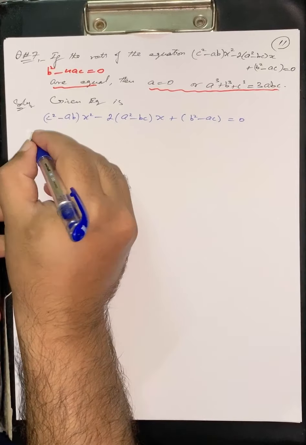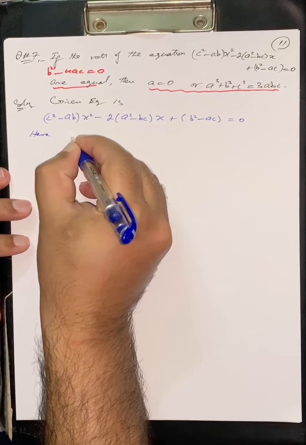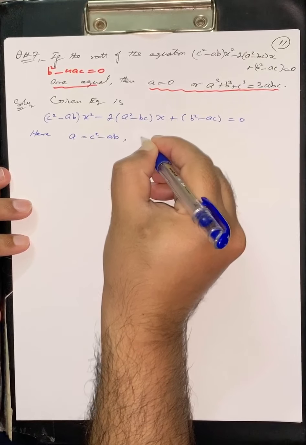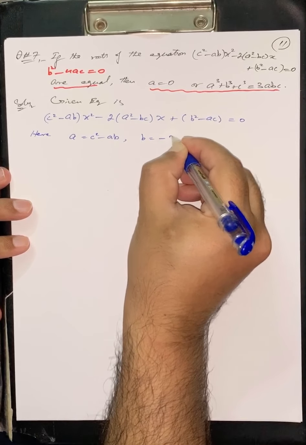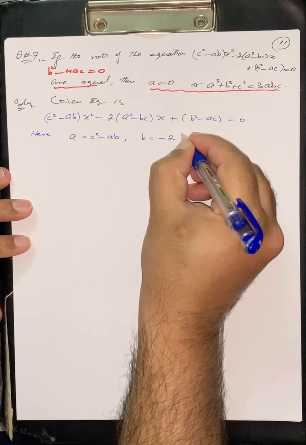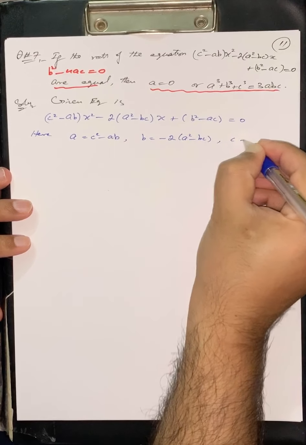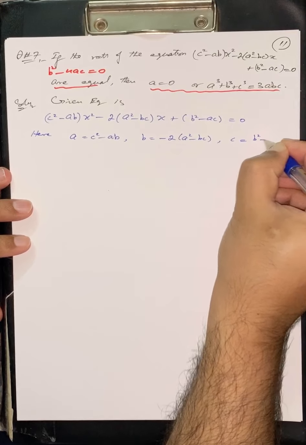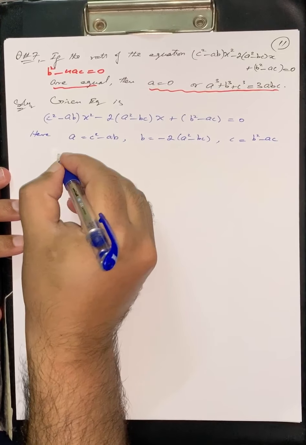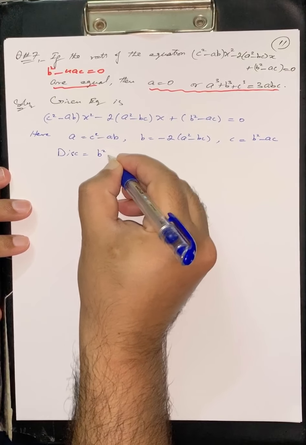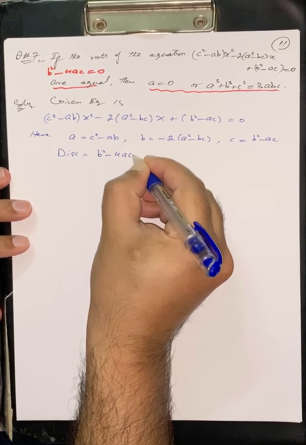Now we go with this equation. We directly use it because it's already in standard form. Here the value of a is c square minus ab. The value of b is minus 2 times (a square minus bc). And the value of c is b square minus ac. The discriminant equals b square minus 4ac.